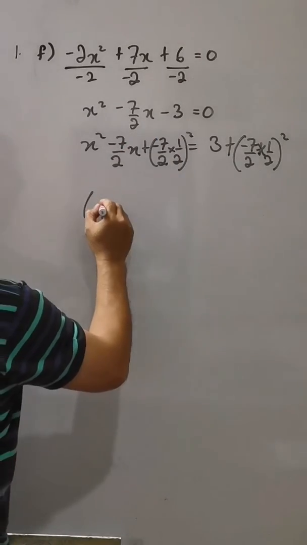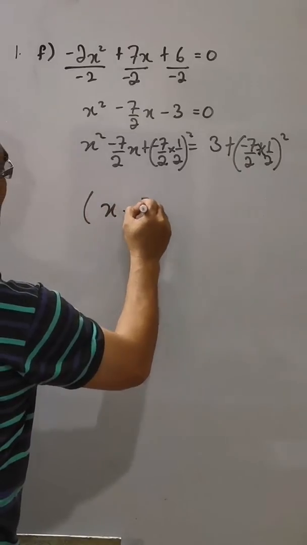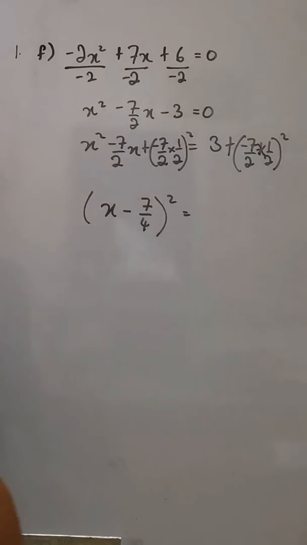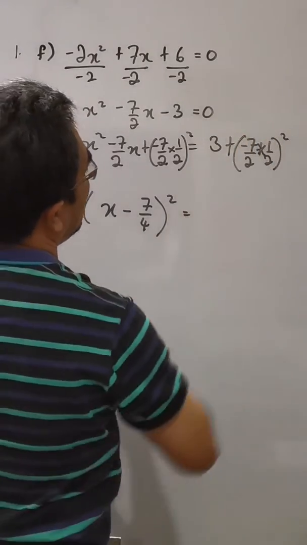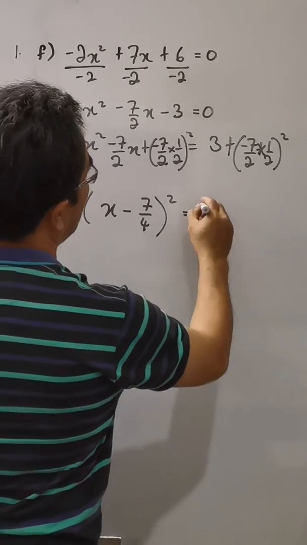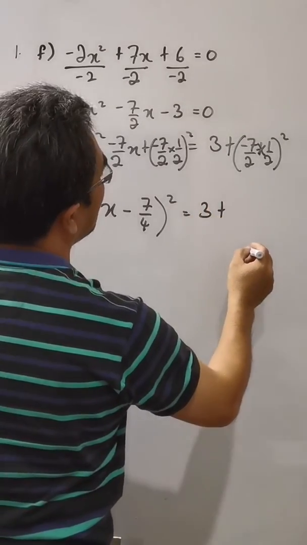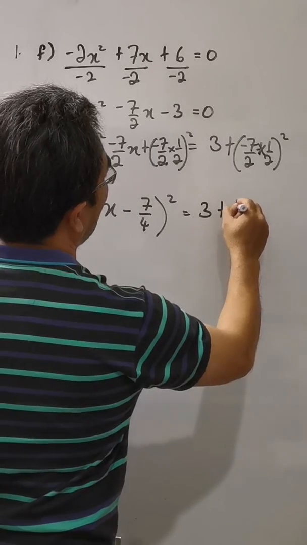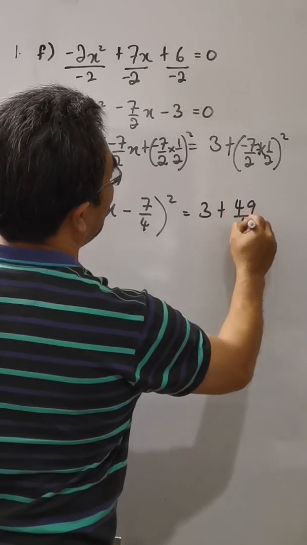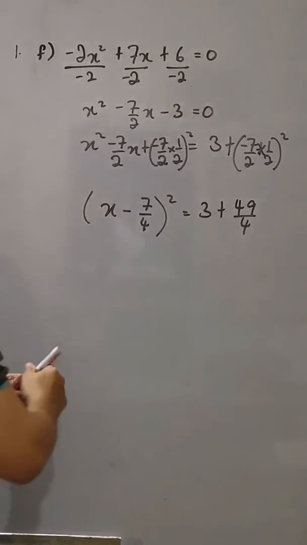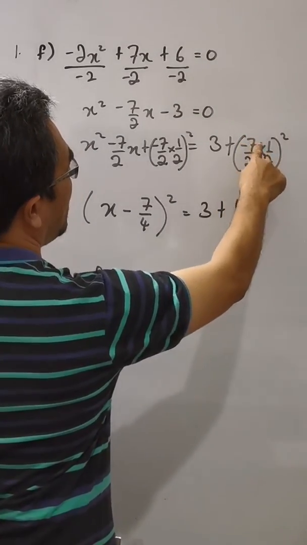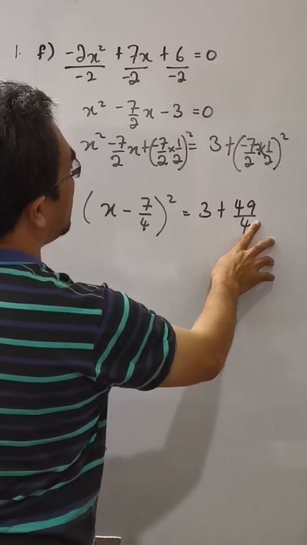So the factorization will be x minus 7 over 4 squared equals this part would be 3 plus 49 over 4. Okay, no more negative. Oh sorry, it's not.